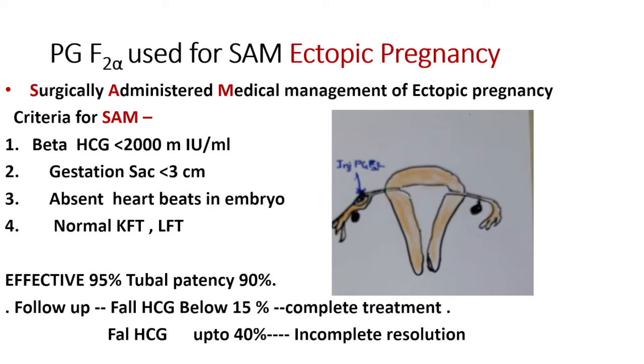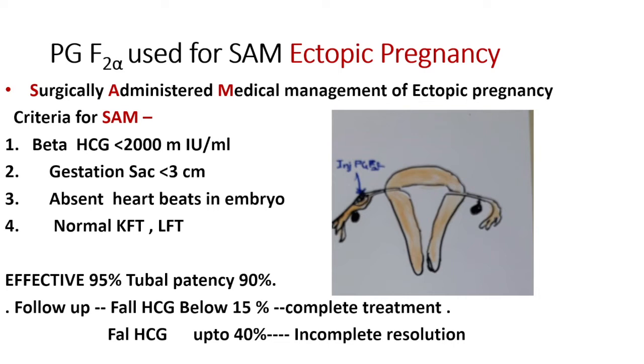Criteria for SAM in ectopic pregnancy are beta HCG level should be less than 2000 milli-international unit per ml. The gestational sac should be small, less than 3 cm, and even fetal heart sound should not be seen on transvaginal sonography in the embryo. Patient should have normal KFT and LFT also.